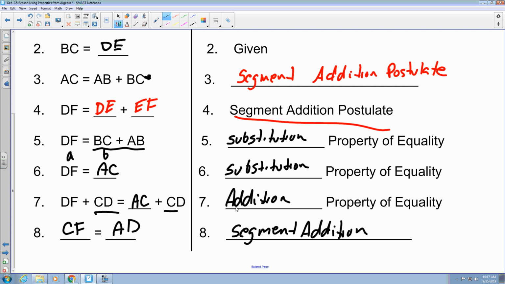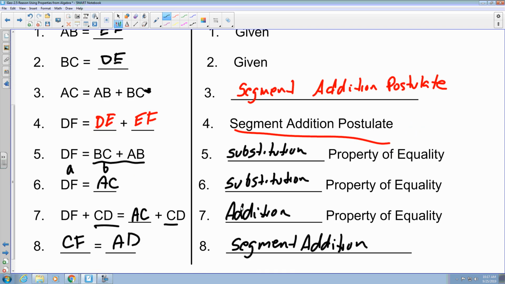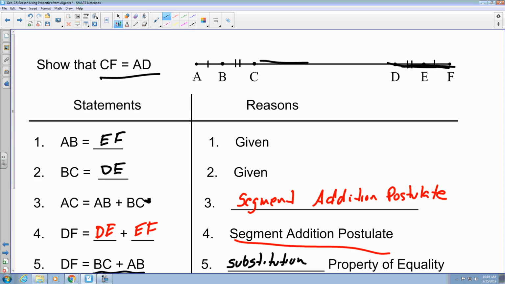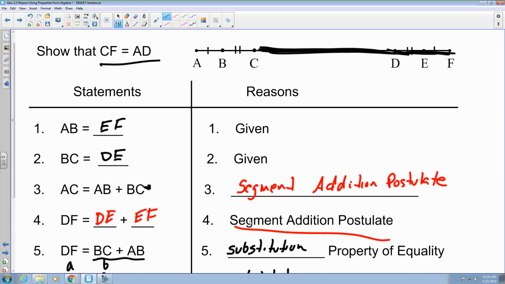Because if you look here, we have DF, which is right here, and CD, which is right here. We're saying that that is the same as AC, which I'll put in a different color right there, and DF, which is right there.